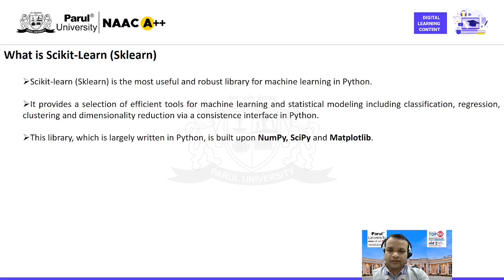It is a tool, you can say, for the selection of efficient tools for machine learning and statistical modeling, which includes classification. As we know, for classification, we already took the example of email classification, like ham spam classification.